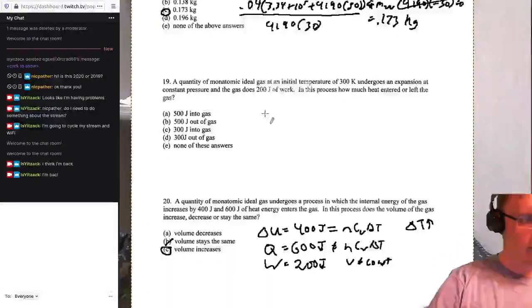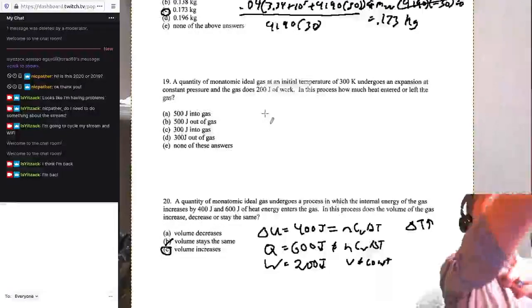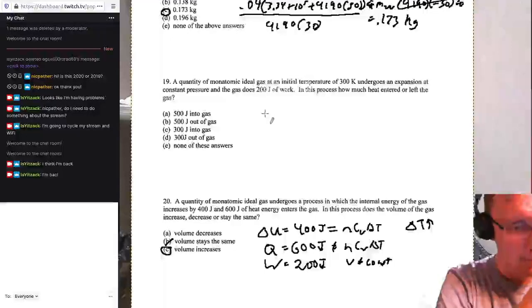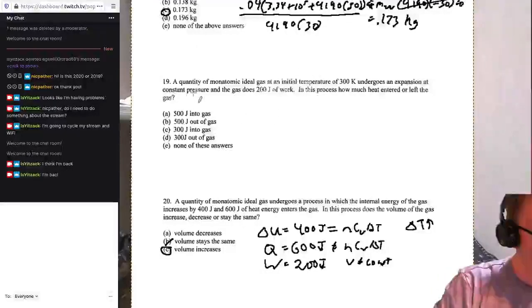Now, I'm going to come back and try this one again. A quantity of monatomic gas at initial temperature 300 Kelvin undergoes an expansion at constant pressure and does 200 joules of work.